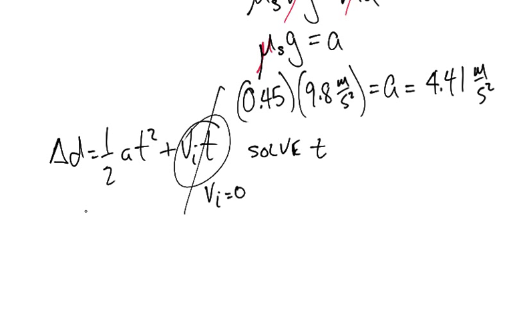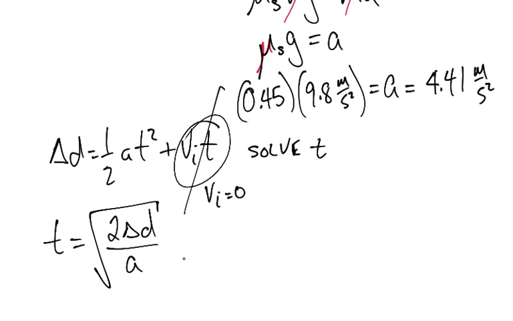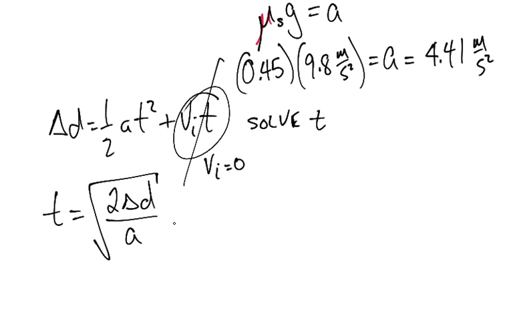Let's do a little bit of algebra and solve for t here. So we'll say t squared equals, take the 2 up top and take the a downstairs, 2 times delta d divided by a, and that's equal to t squared, but we don't want t squared, so we'll take the square root, and that should give us t.